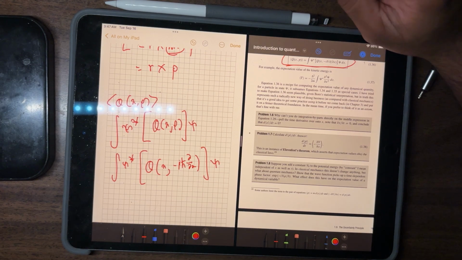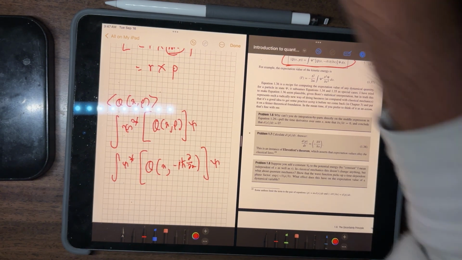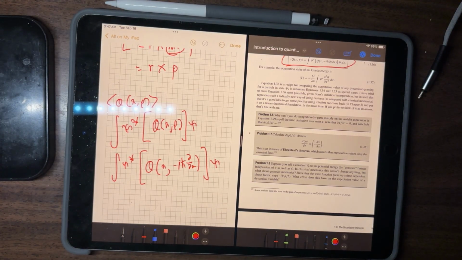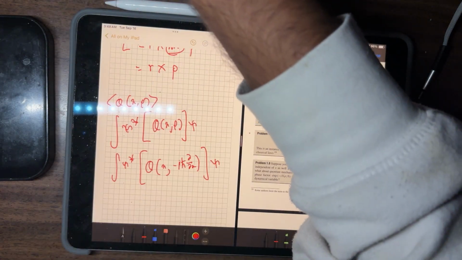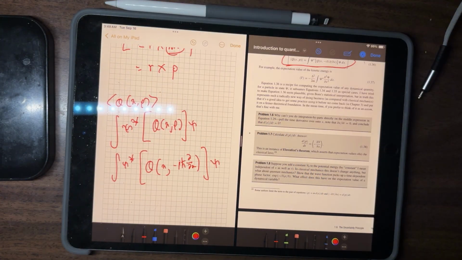I'm pretty sure they're going to finish chapter 1 tomorrow itself, which means that the due date for the assignment would be on Thursday. I'm 90% sure.